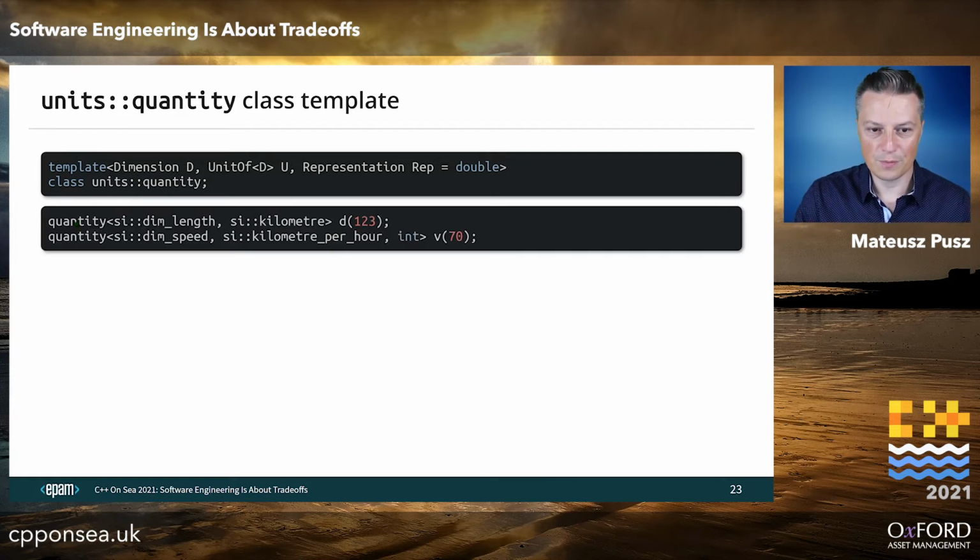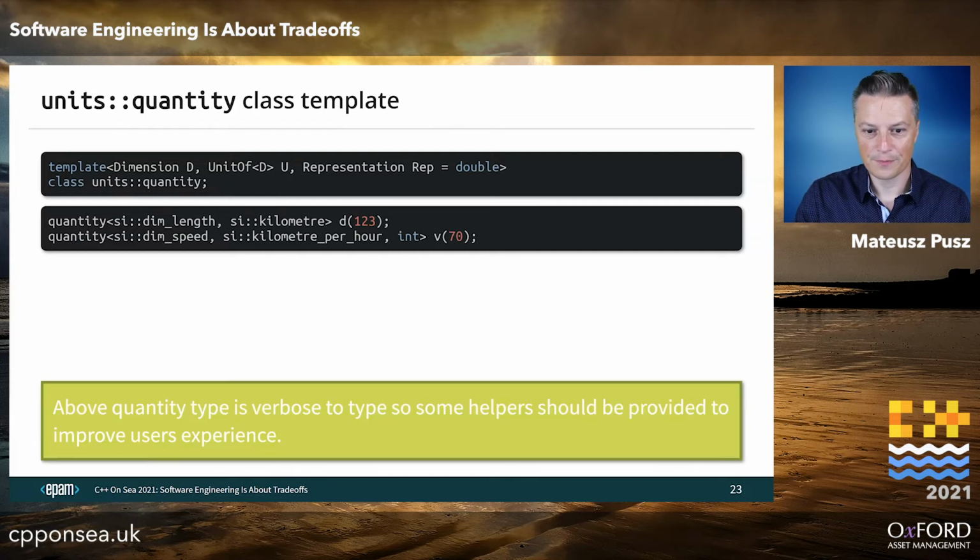If you want to basically define a new variable on the stack, you have to type a lot of characters, right? You have to provide quantity of dimension length, and then provide unit kilometer, and then you can provide the value. If you don't want to use the default double, you have to provide even more parameters. It works, but it's inconvenient.